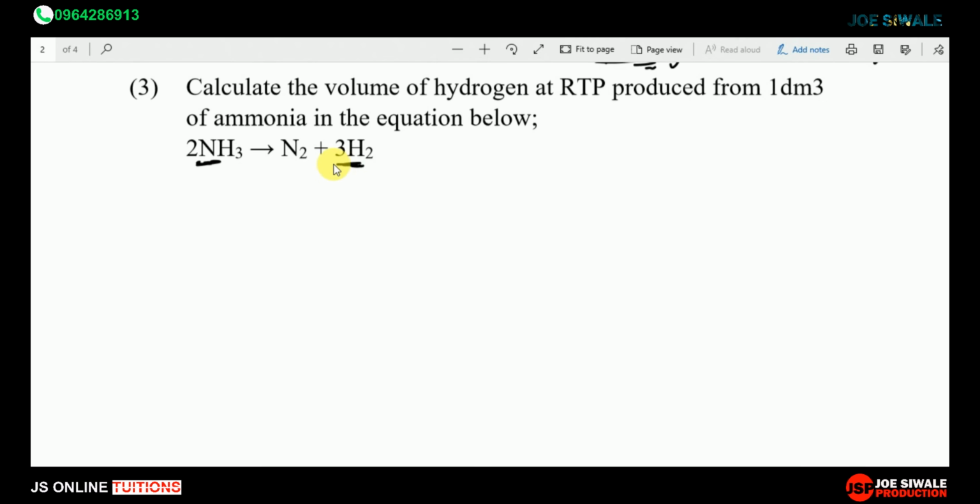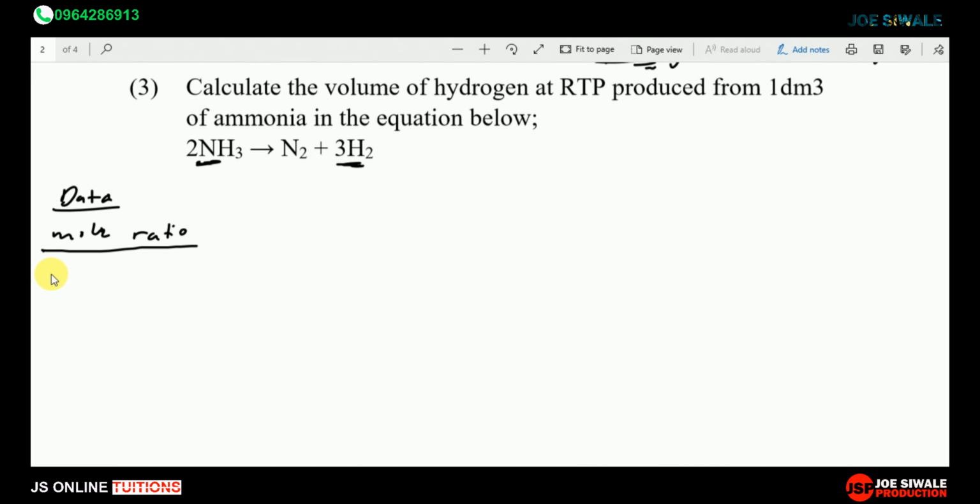So the first thing that we are going to do is to write down the data. And for our data, we're going to find the mole ratio. For the mole ratio, we can say 2 moles of ammonia produces 3 moles of hydrogen gas. So here, as you can see, we have 2 moles of ammonia produces 3 moles of hydrogen gas. So that's the first step that we're going to write down.